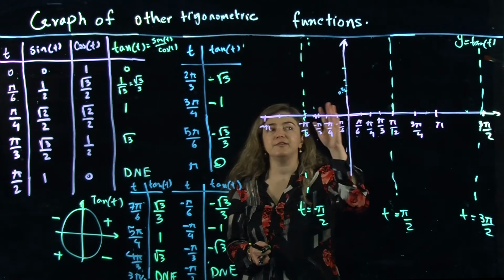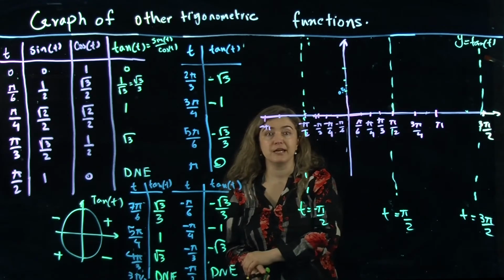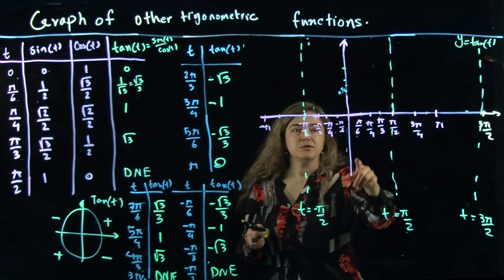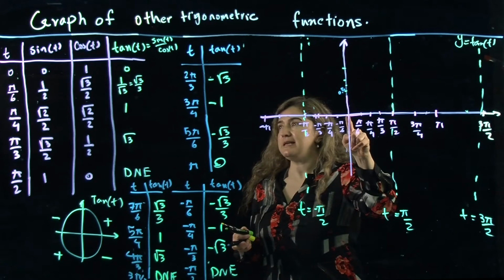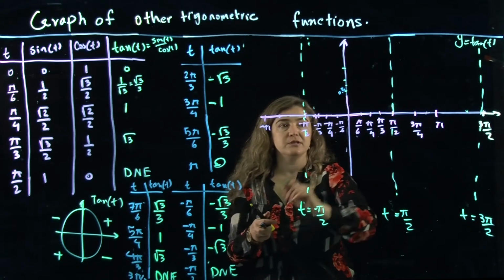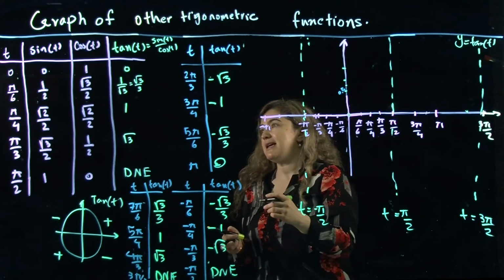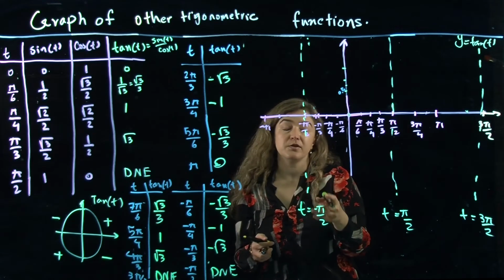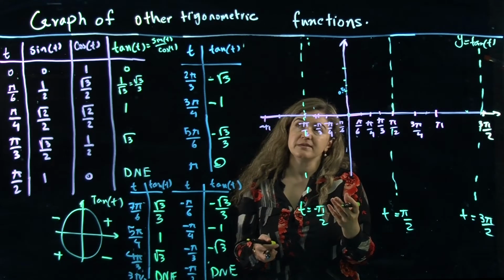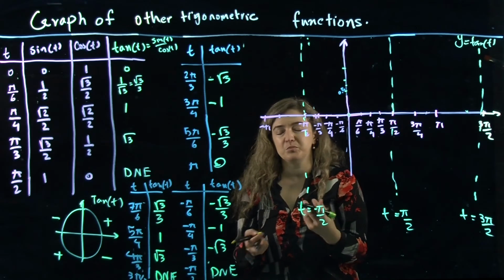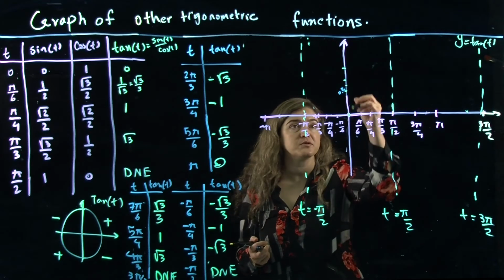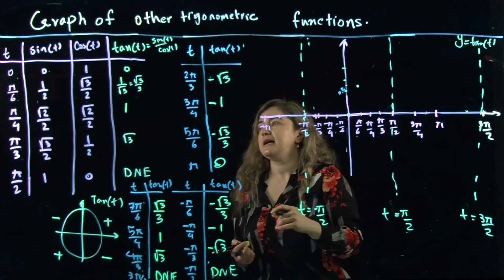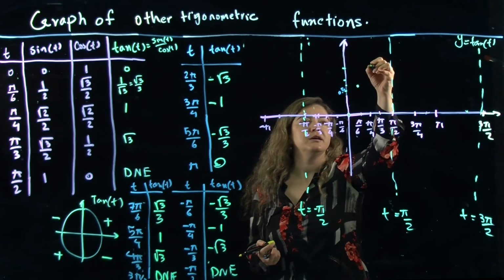Now let's try to graph at least one period for tangent, and we know the period for tangent is pi. So what is going to happen? At t equal to 0, tangent is 0. At pi sixth, tangent is square root of 3 over 3, which is 1.7 divided by 3, 0.56 or somewhere close to that. And then at pi fourth, it's 1.